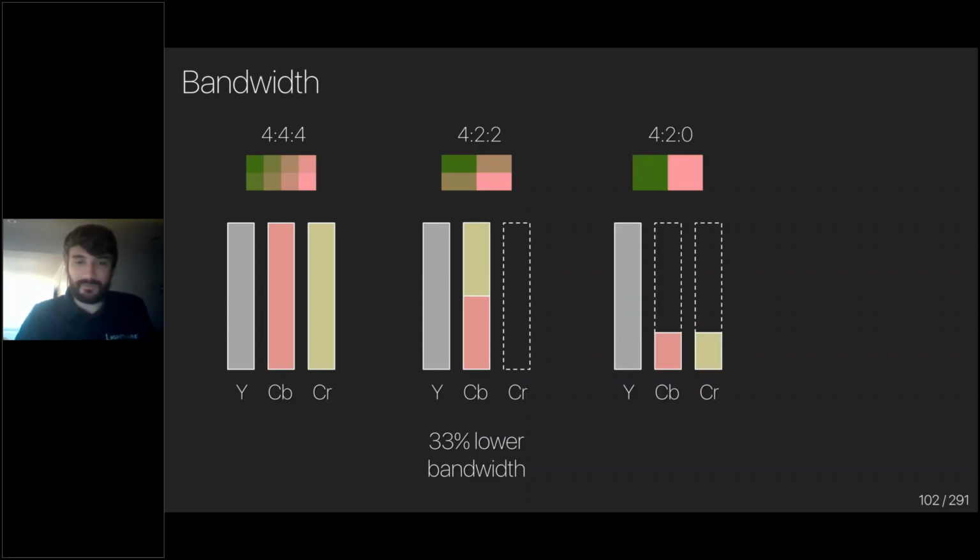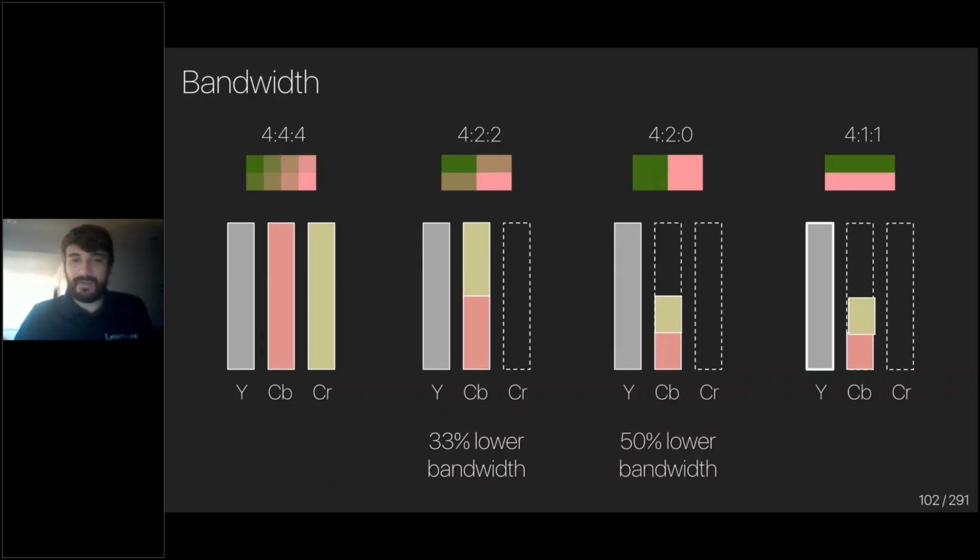And then with 420, it's even more, it's a 50% lower bandwidth. 411 is the same, but you can see that by reducing this bandwidth, that's how we can get what should be an 18 gigabit video signal to fit into a 9 or 10 gigabit interface limit.